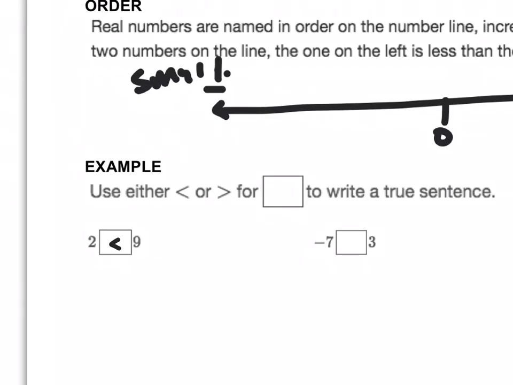However you want to think of it, when I was younger we used to think of this symbol as a Pac-Man. The Pac-Man is going to eat the bigger number, and you think of it as a little mouth. Some people think of an alligator, but I like to think of a shark. I'm really into the movie Jaws.